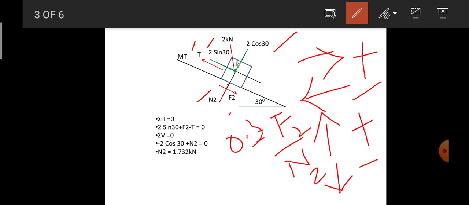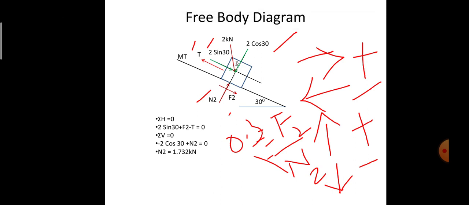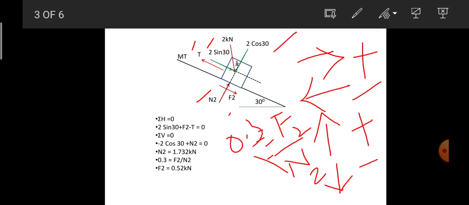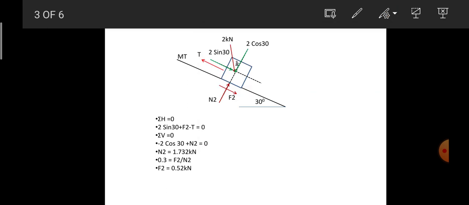N2 I have determined as 1.732, and F2 I want to determine, with 0.3 as the coefficient of friction. If I cross multiply 0.3 and N2, I get the value of F2 as 0.52 kilonewton.